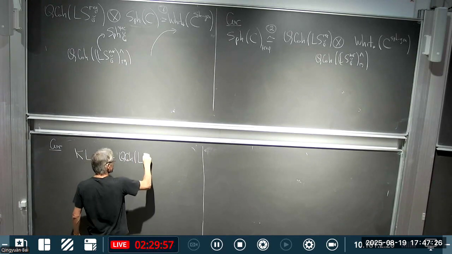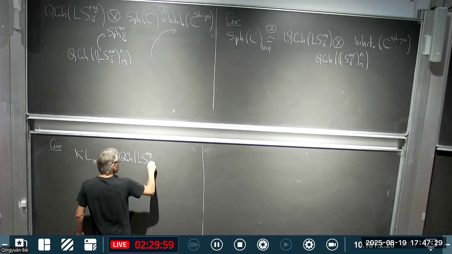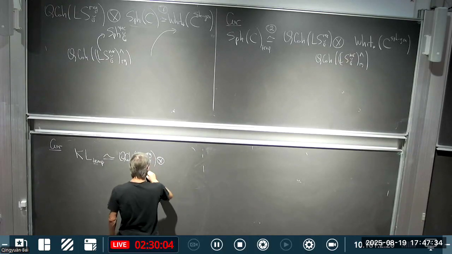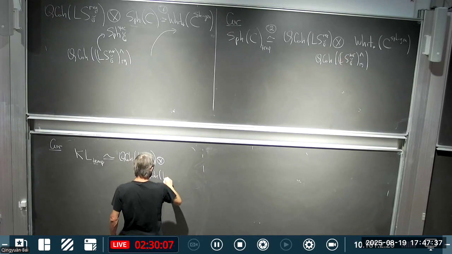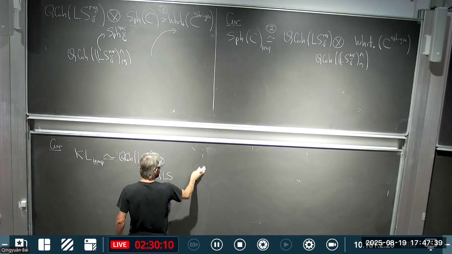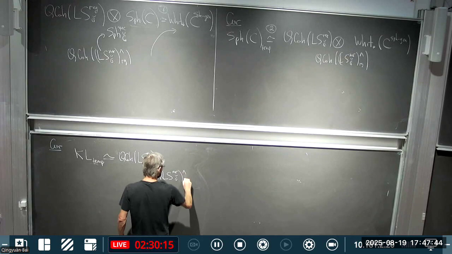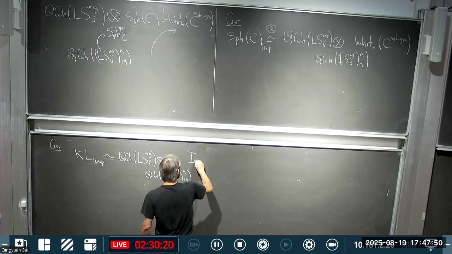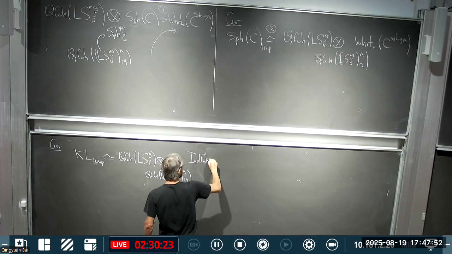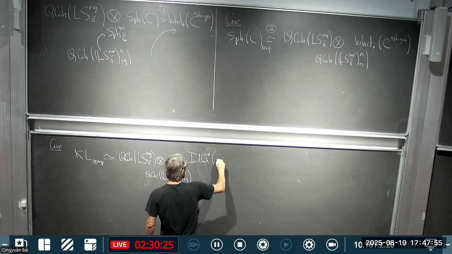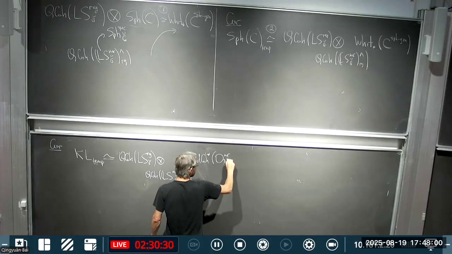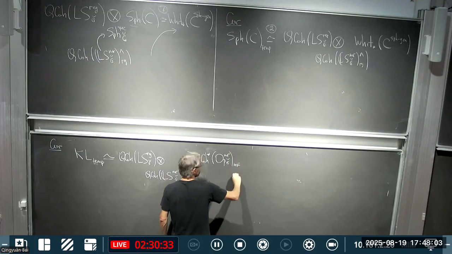QuasiCoh of Loc_G reg, tensor over QuasiCoh of Loc_G mer, which is formally completed with the regular locus, with Ind-Coh star of meromorphic opers with set-theoretic support in the monodromic locus.